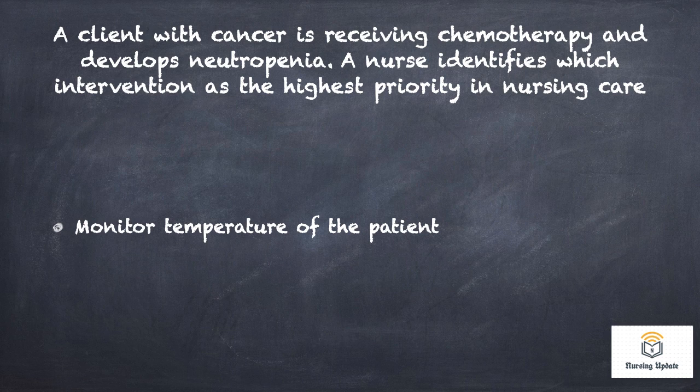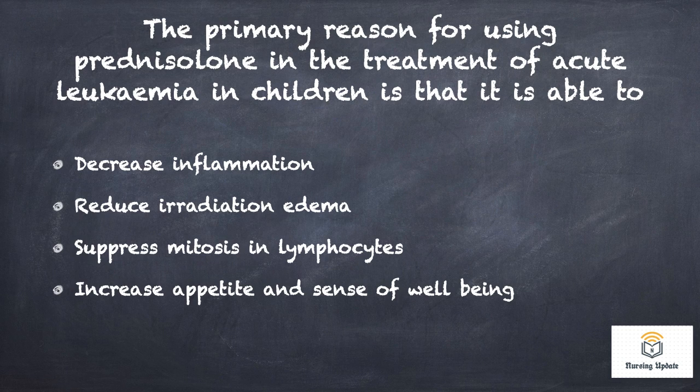They develop fever and neutropenia, so they have chances of getting fungal, bacterial or viral infection. Ultimately they go into sepsis, shock, and they may die also. So the most important nursing intervention in a patient with neutropenia is to monitor temperature. Clear with this? Let's move on to the next MCQ.